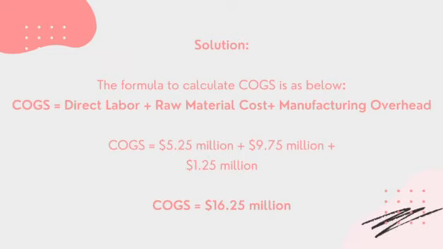The formula to calculate COGS is direct labor plus raw material cost plus manufacturing overhead. So we have here $5.25 million plus $9.75 million plus $1.25 million, and we will be having a COGS amounting to $8.25 million. So that's how we can compute the cost of goods sold.